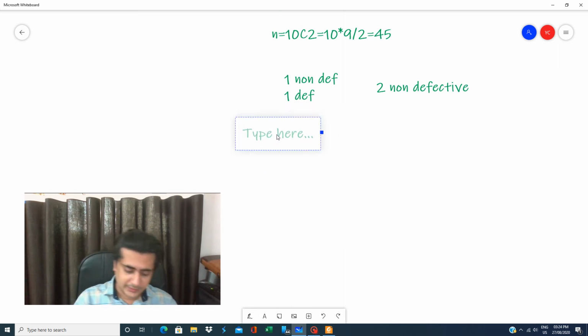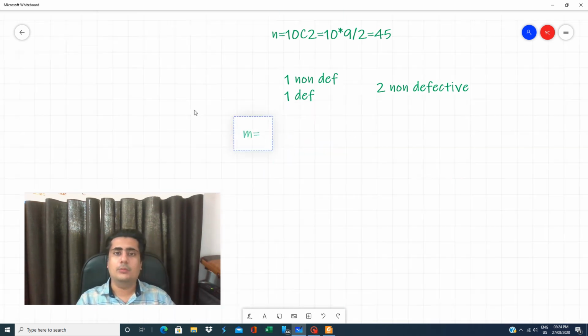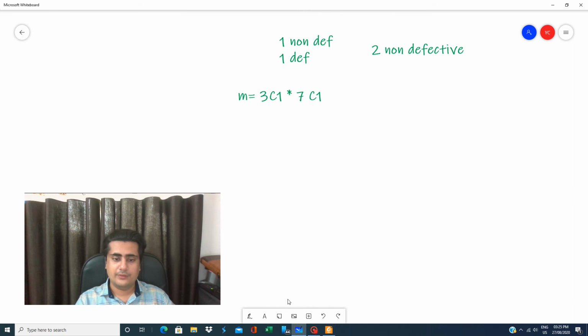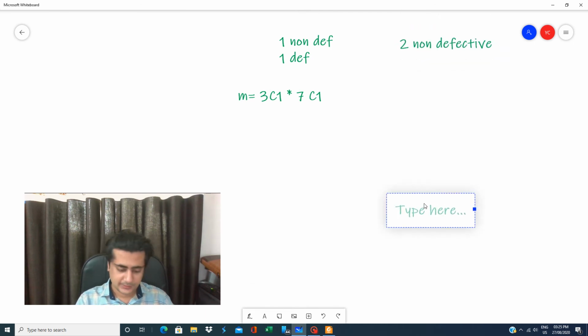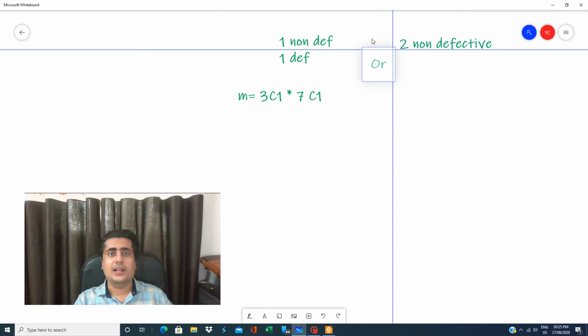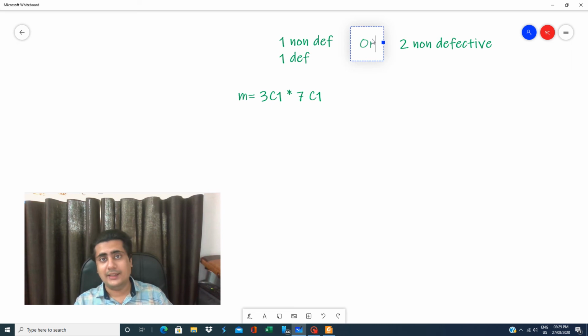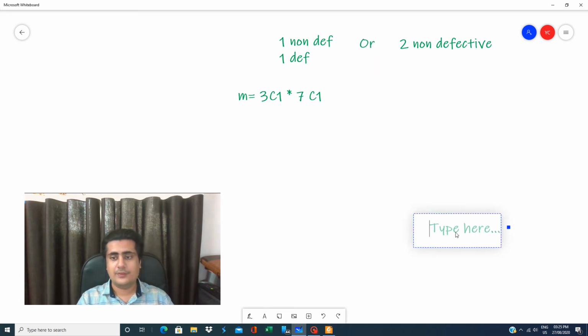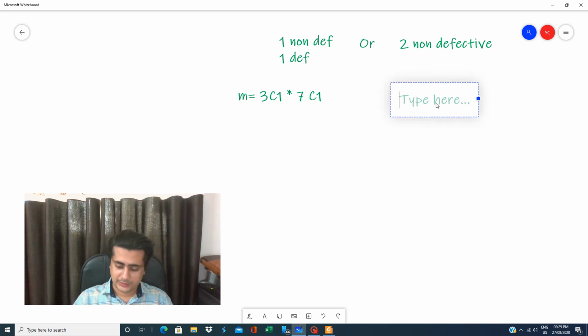There are 3 defectives, so selecting one defective is 3C1, and selecting one non-defective is 7C1. Here between the two cases, the condition is or, because both cannot happen together. Either this will happen or that will happen. If you select both as non-defective, it's 7C2.